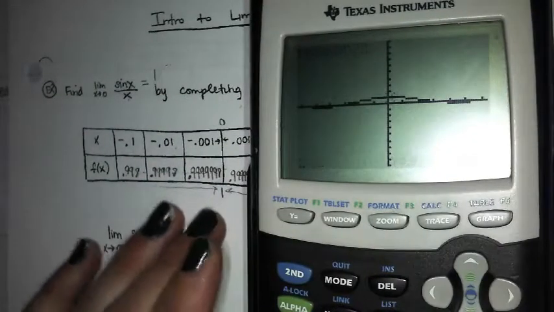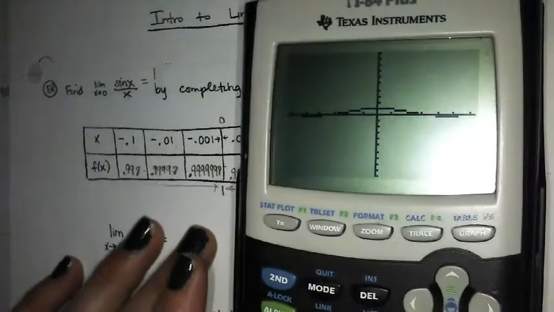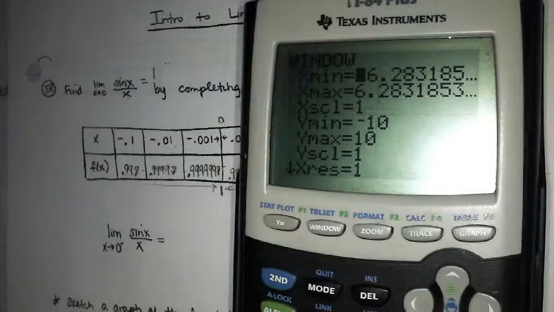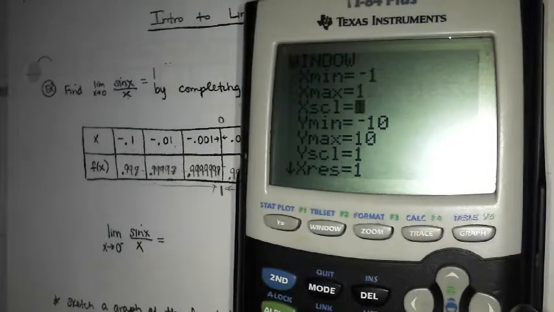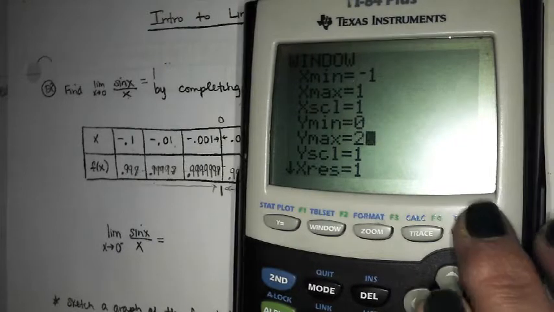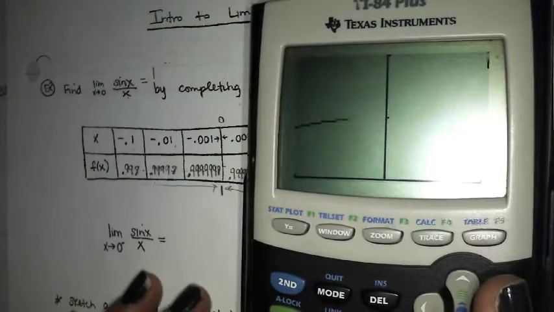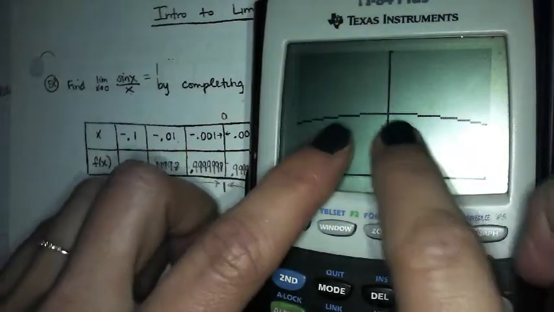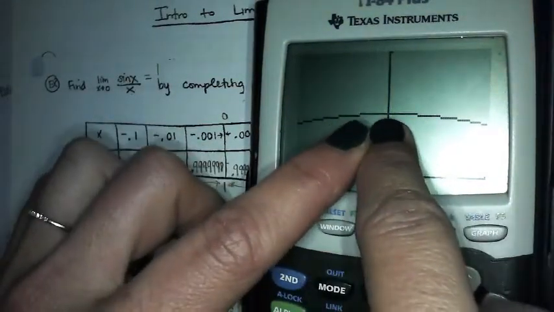And let's see what happens. You're not going to probably see it on this graph, but if I zoom in, change my window, negative 1 to 1, and 0 to 2. There it is. So you're not going to see it there, but there's a hole there in your graph.